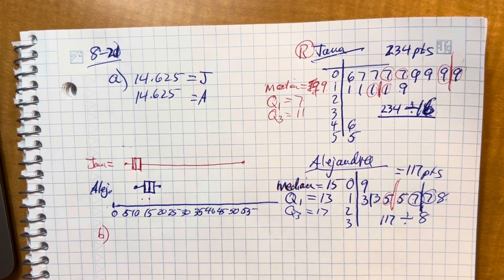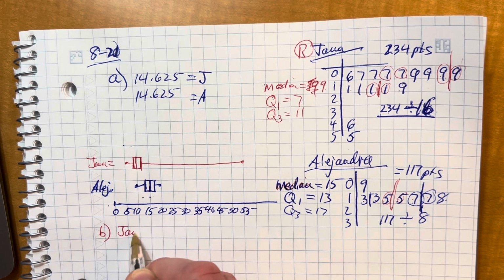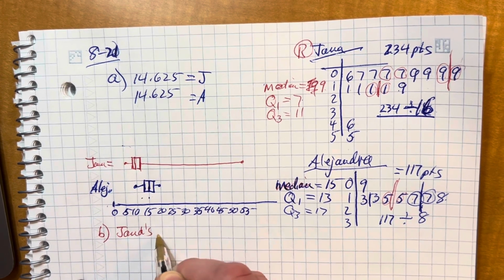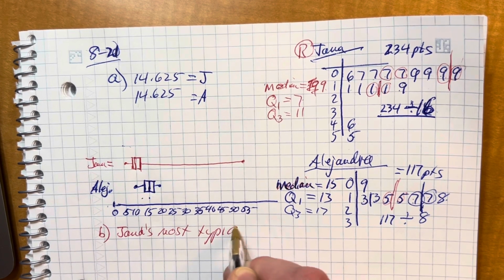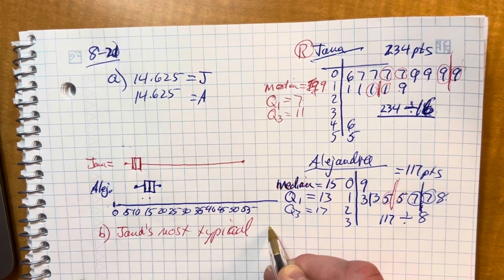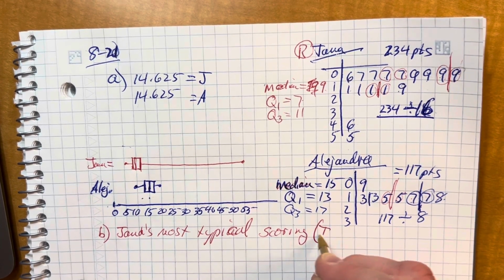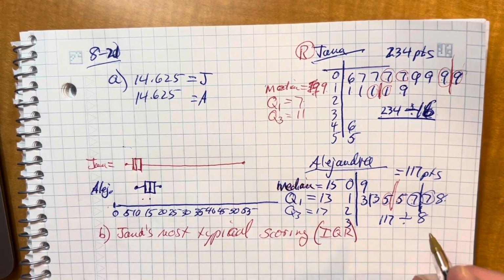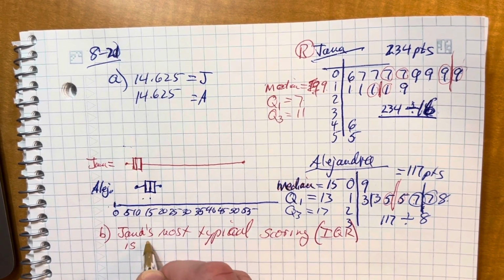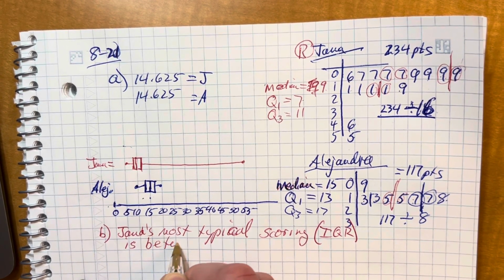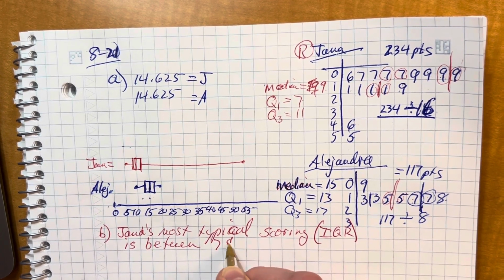Well, if I were to look at this, I would say Jana's most typical scoring, which we use as the IQR, is between 7 and 11.